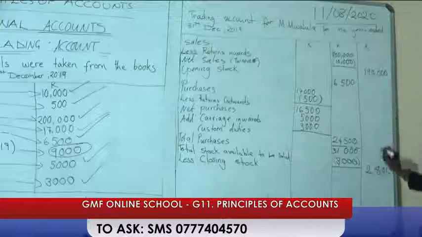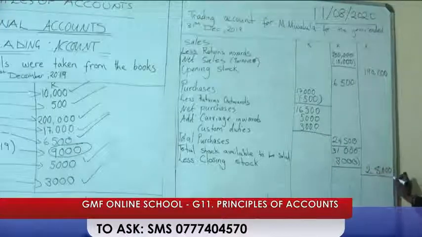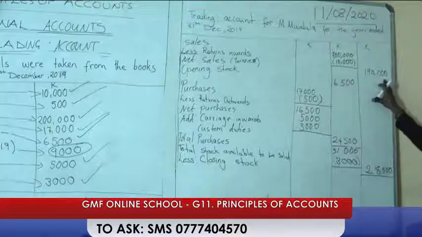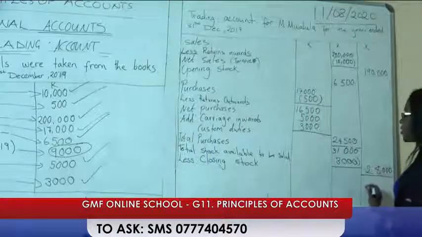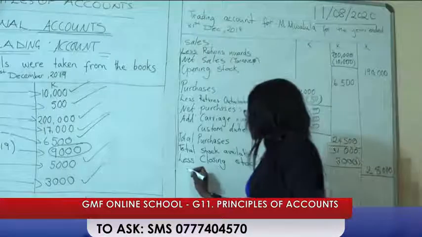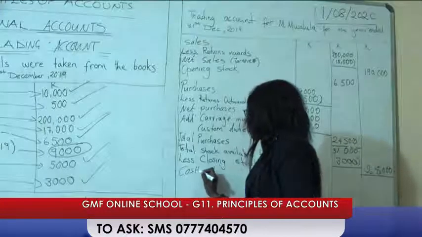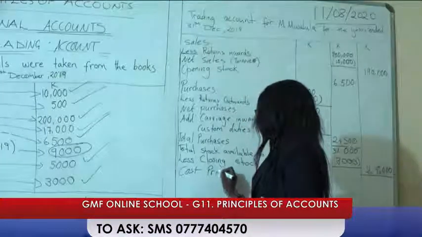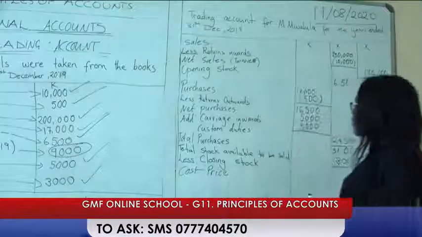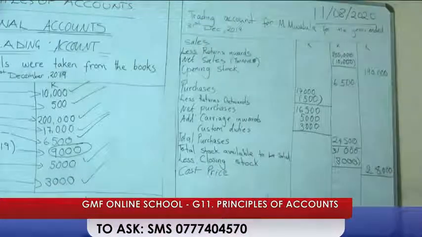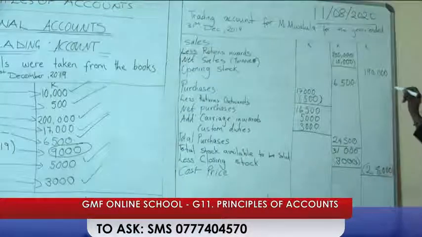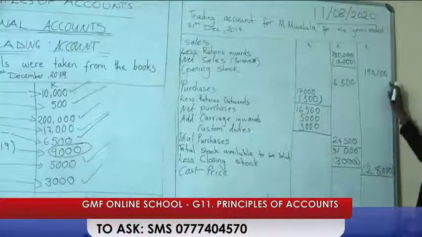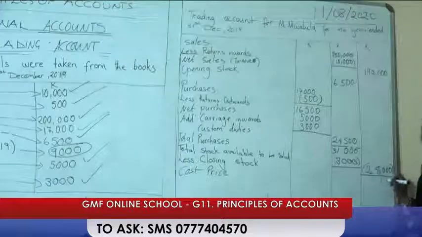So the 28,000 will be subtracted from the selling price, which is 190,000. So when we subtract 28,000 from 190,000, what we're going to get is what is referred to as the gross profit. So here we say cost price. Remember, we are finding the gross profit. So when you subtract this from that, we get 8.